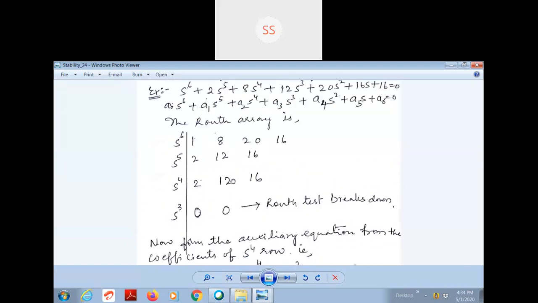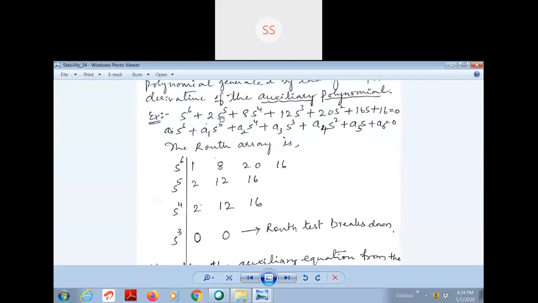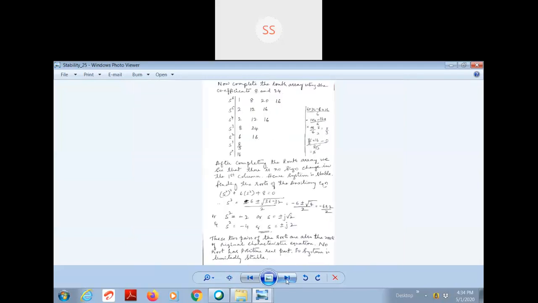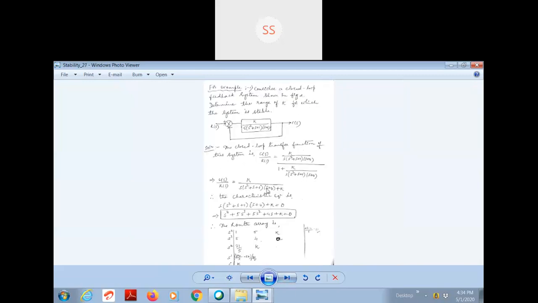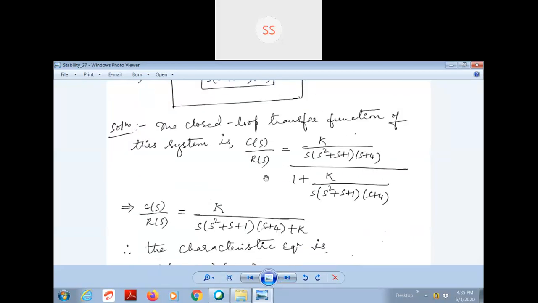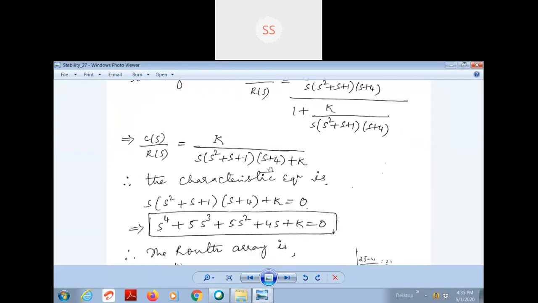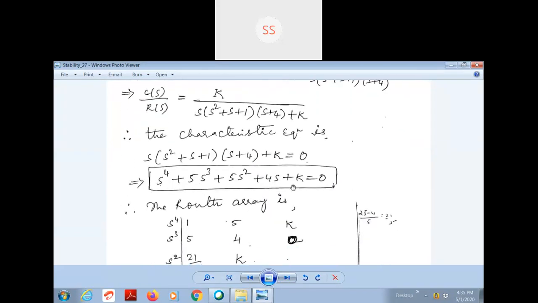That is only writing the root array, that's why I did not consider the whole system. Now this is one exact application we are discussing, that is a closed loop system. So an entire system is considered and we have written the system transfer function, and from the transfer function the characteristic equation is written, and from the characteristic equation the root array will be completed.